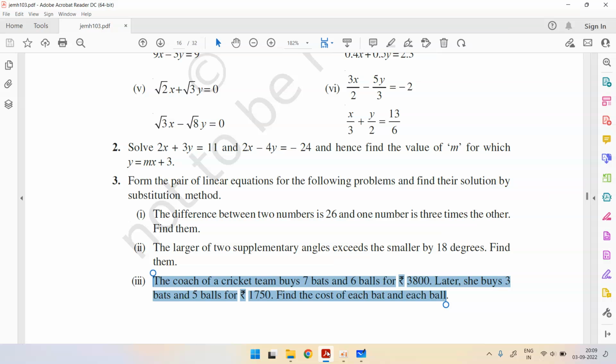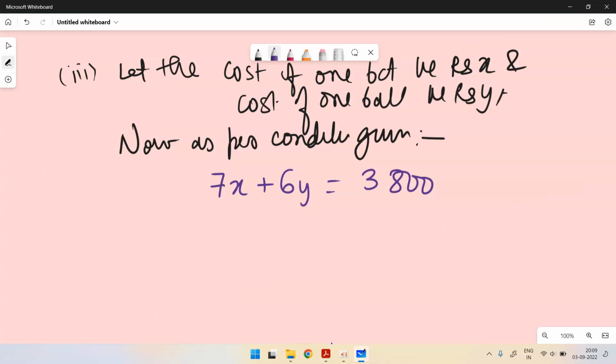Next time she buys 3 bats and 5 balls for 1750, so 3 into x plus 5 into y, the total amount is 1750.